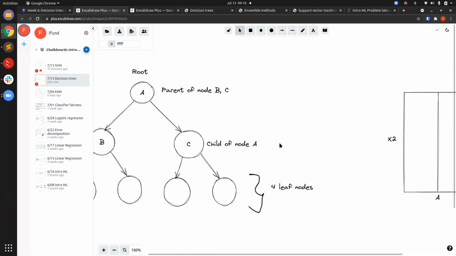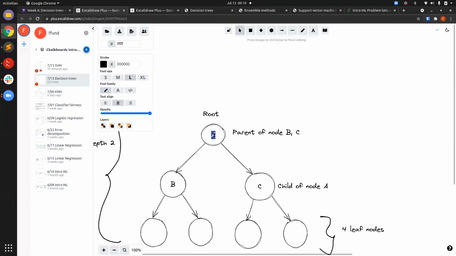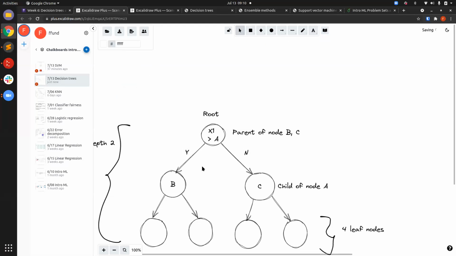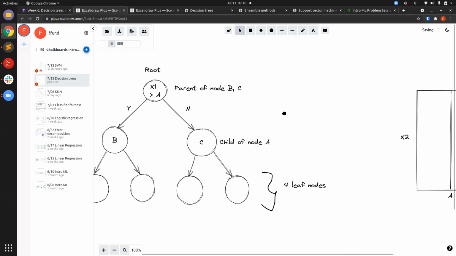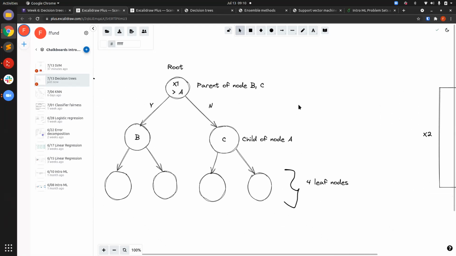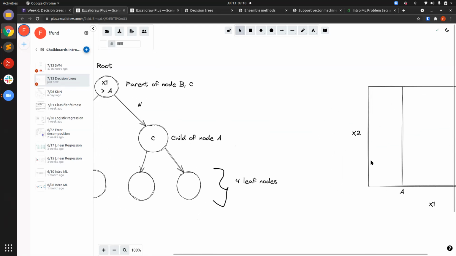So first I said I'm going to split on whether x1 is greater than a. And then I have a yes branch and a no branch. So let's say in the no branch, which is the no branch?